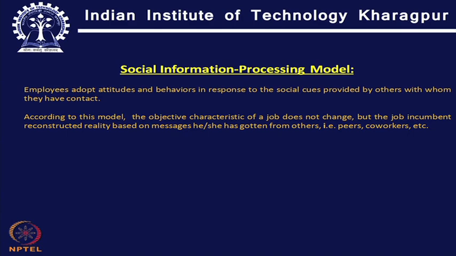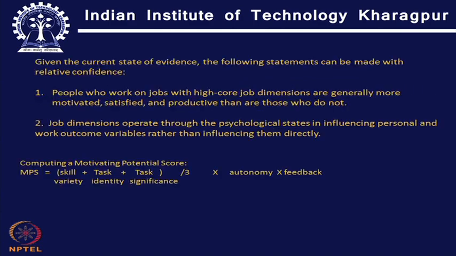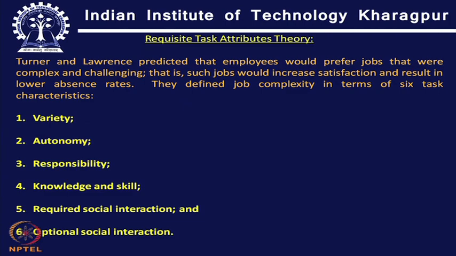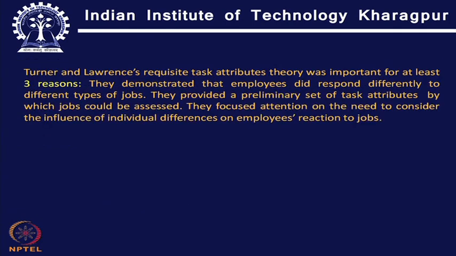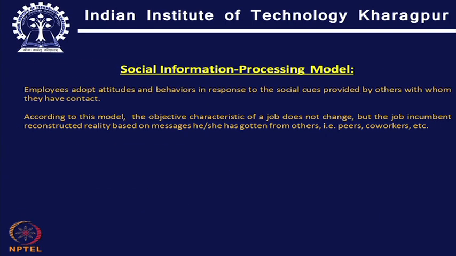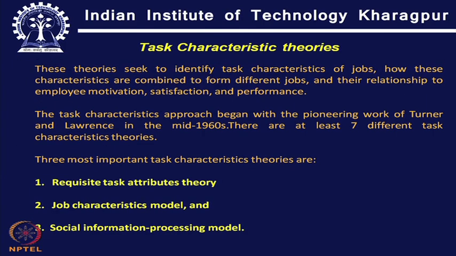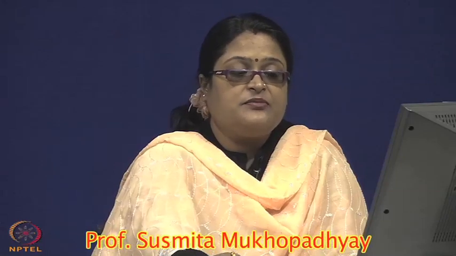So, these are the 3: requisite task attribute theory, job characteristics model and social information processing. They depend on the task characteristics to define what is going to motivate the employees.